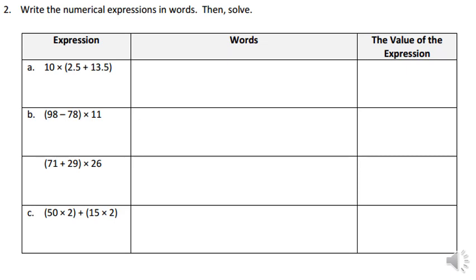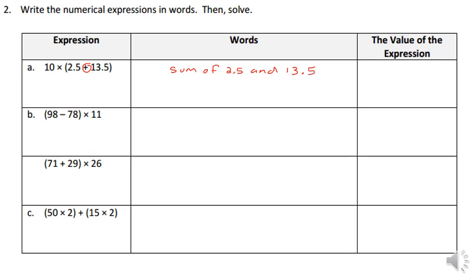In these, it says in words. Now, when you're trying to put these in words, you want to key in on the parentheses, and then you want to key in on the operation. See, this here is a plus sign, which we know is addition, so that means a sum. So I know that's the sum of 2 and 5/10 and 13 and 5/10.